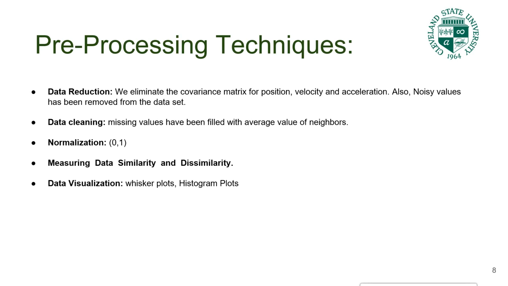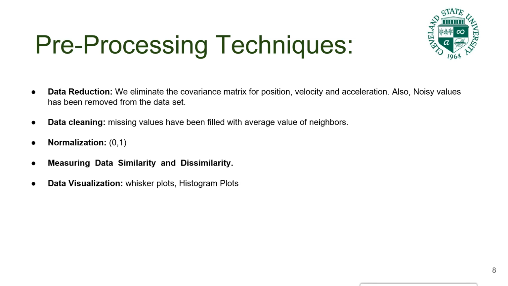like data reduction. We eliminate the covariance matrix and also some of the noisy values, some of the NaN values, and data cleaning. There are some missing values that we filled with the average values of neighbors. Also, we did normalization.